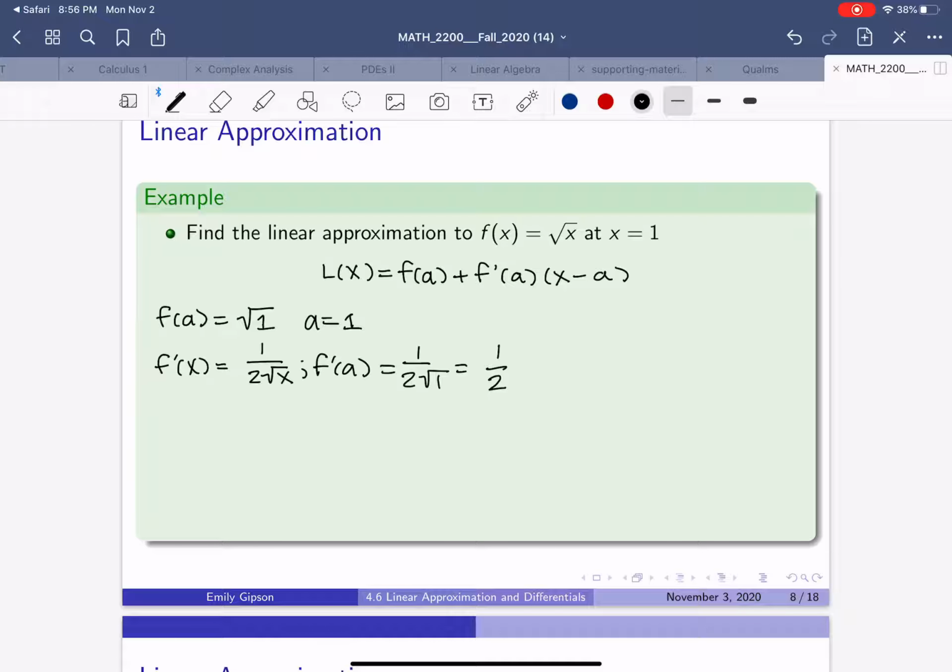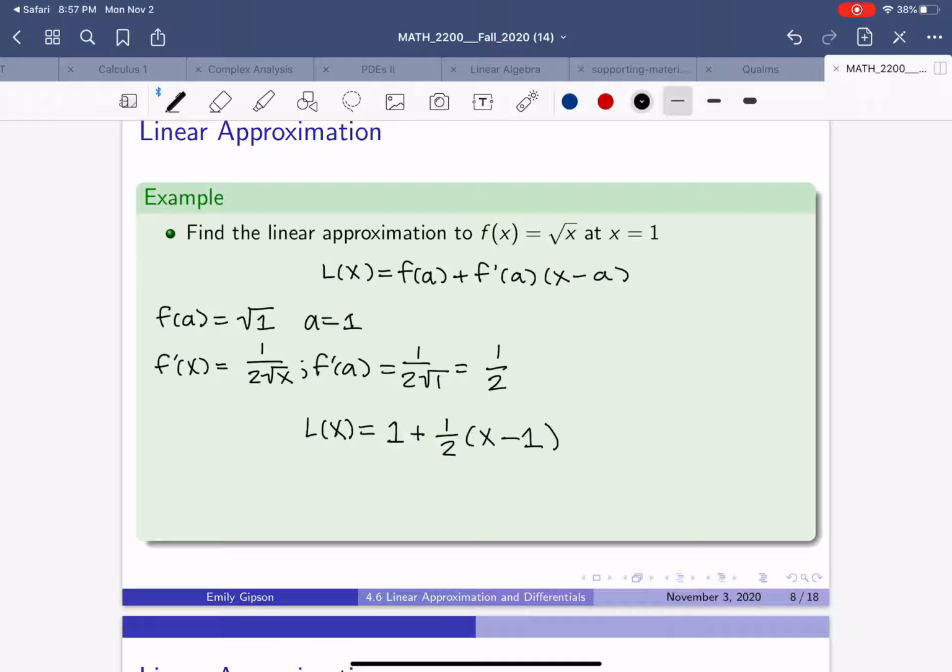So we plug all of this in, and we get L(x) equals the square root of 1, which is 1, plus 1/2 times x minus A. So it should be x minus 1 here. So that's our formula. We found the linear approximation to f equals the square root of x.